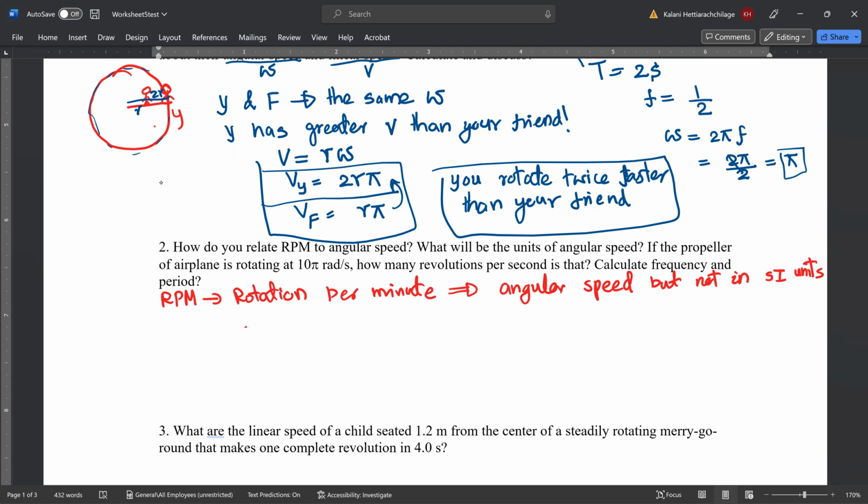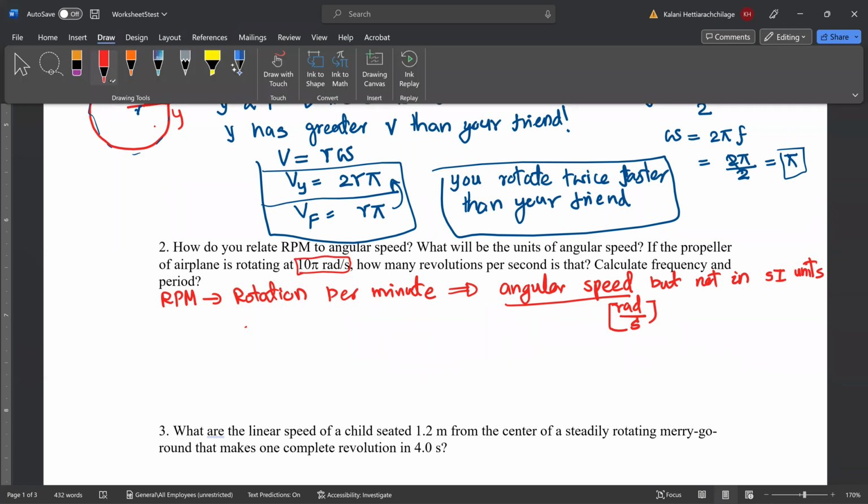So angular speed, we know that in SI units it will be radians per second, right? What is given is rotations per minute. Okay, so that's the only difference. You need to convert minutes into seconds accordingly. Okay, so what will be the units of the angular speed? Done already. If the propeller of the airplane is rotating at, so you always check the units when you do the problem.